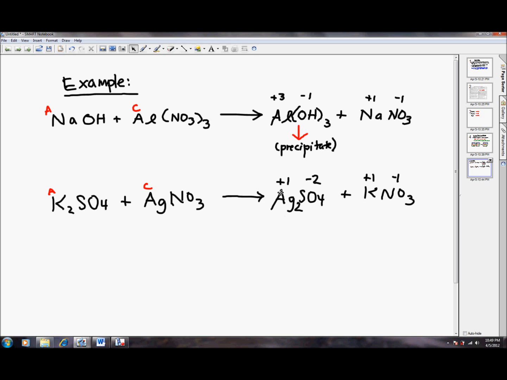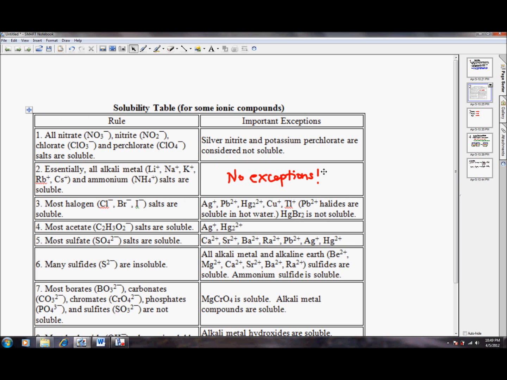Okay, so I'm going to go to the periodic table, look for a rule about silver or a rule about sulfate. Back to the solubility table we go. Here's sulfate. It says most of them are soluble. So now I say, okay, is silver an exception to the rule? Look over here. Yes. Silver and sulfate together are an exception, which means that silver and sulfate are the opposite of the rule.